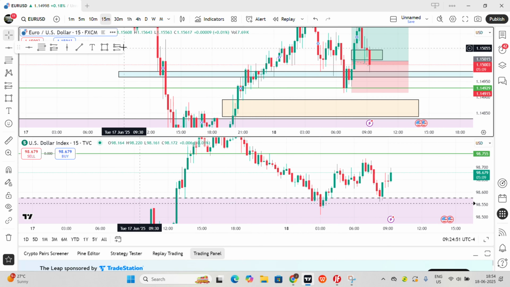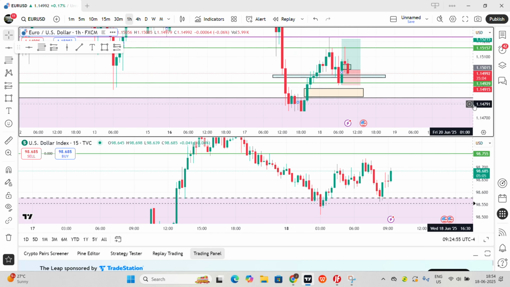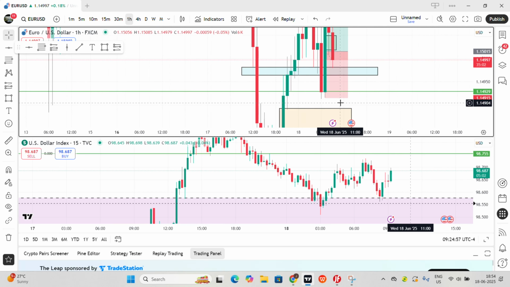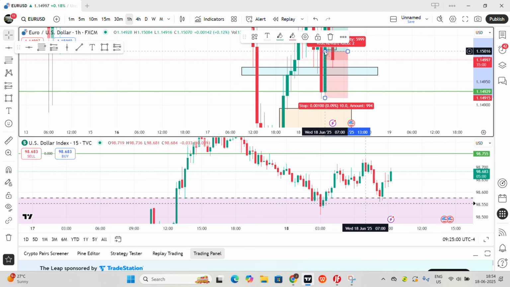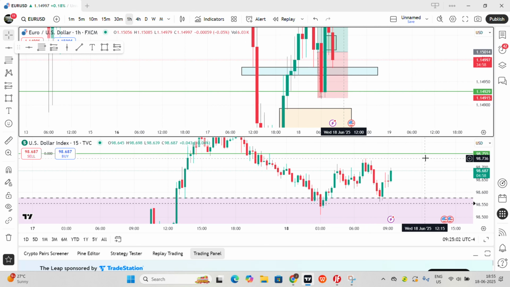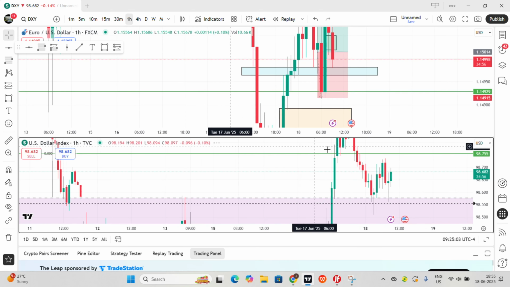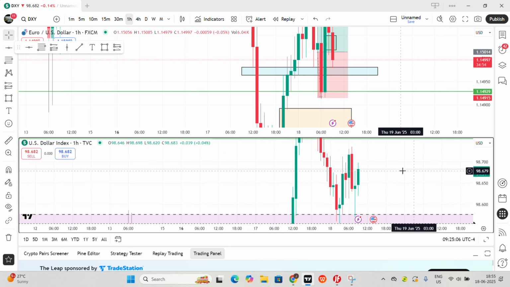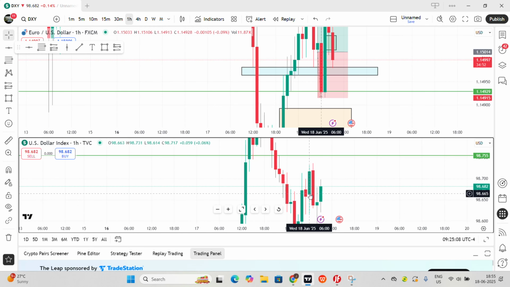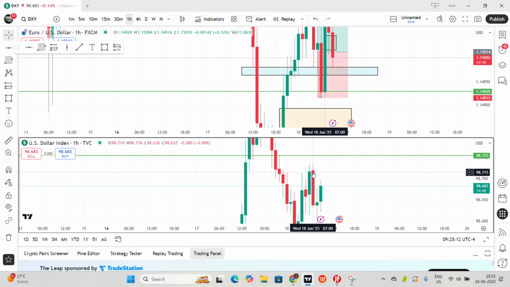And in the previous video, I told you that we have a possible 1 hour SMT between Euro USD and the DXY, because this right here, the 6 a.m. 1 hour candle in DXY has been taken out by the 7 a.m. 1 hour candle.